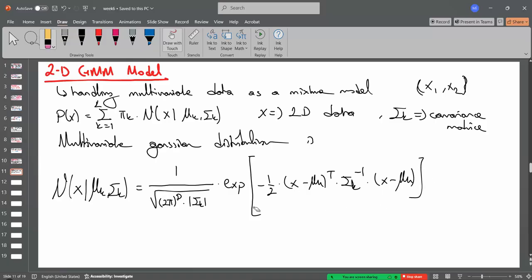But in this case we should utilize matrix operations here, just like this one.